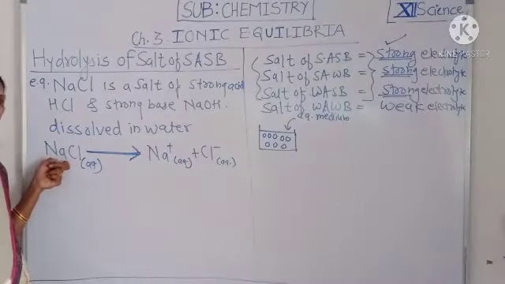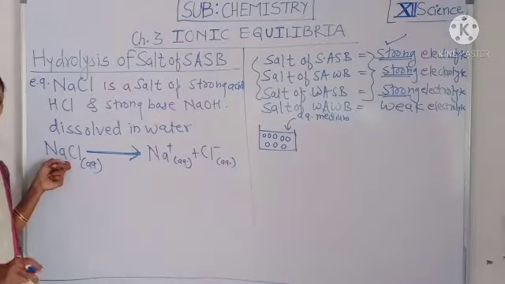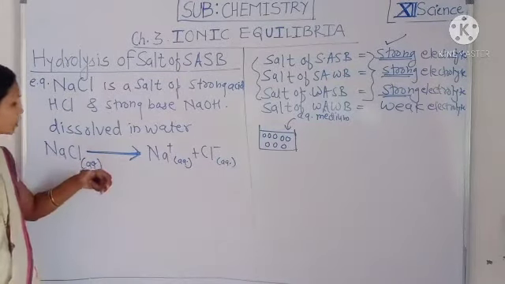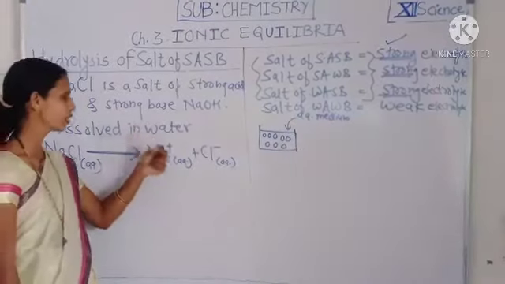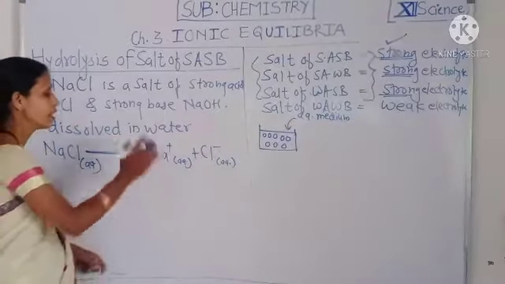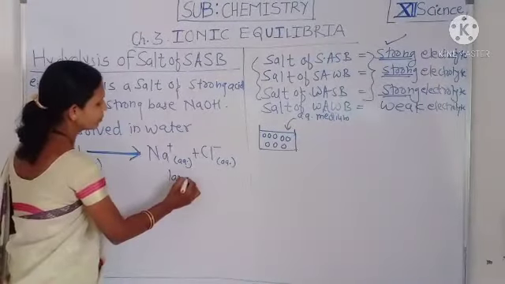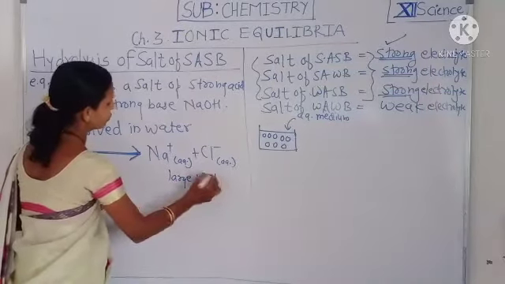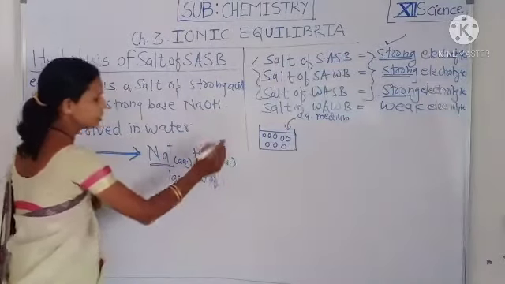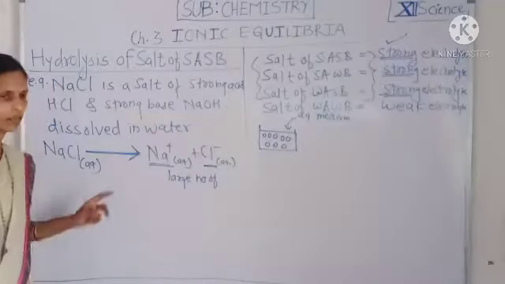Undissociated molecules of NaCl are not there in the solution, and the aqueous solution of NaCl contains a large number of Na plus and Cl minus ions.